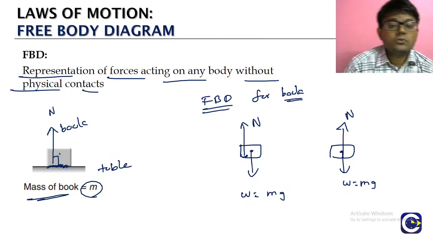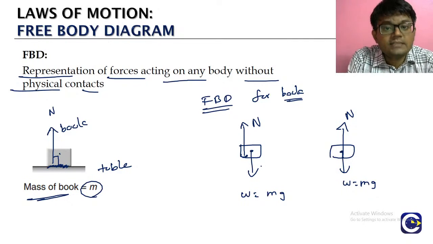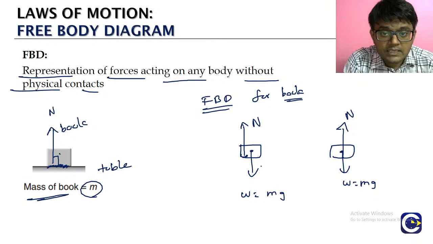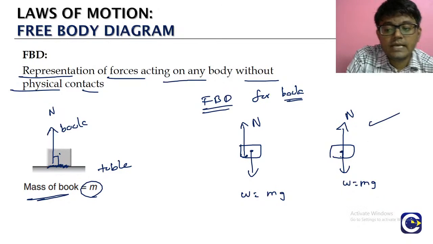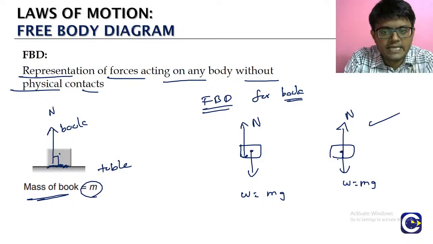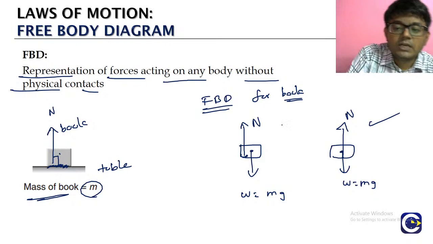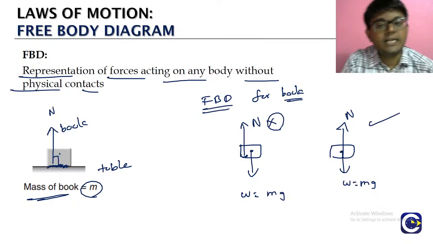But the normal reaction is also going to be acting in a symmetric manner. So we will generally tend to show the normal reaction acting along the central line of the object. But if you show it like this also, it is not going to be a crime.